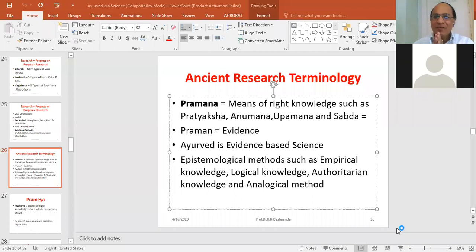So my kind request, you first write down today this word, research terminology. Understanding of research terminology is very important in the research subject. To understand the terminology, as when we come after the 12th standard, when we come to the Ayurveda course, we must understand the Ayurvedic terminology.